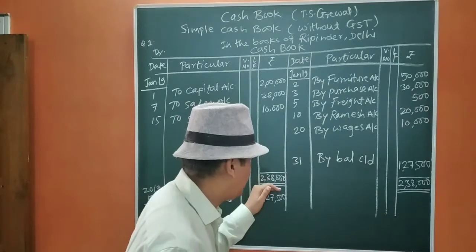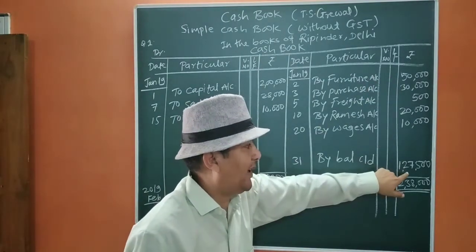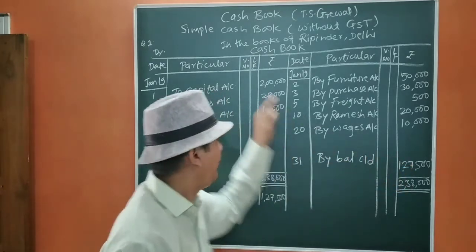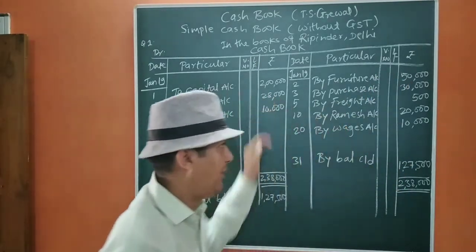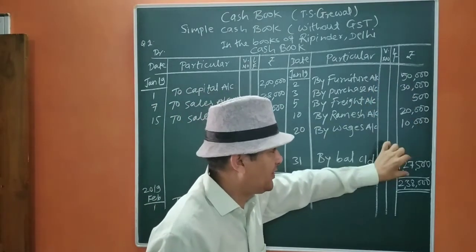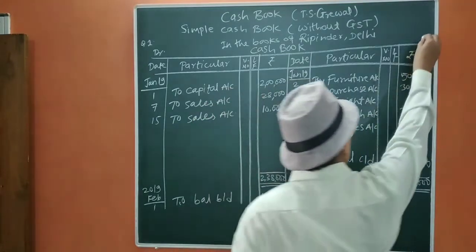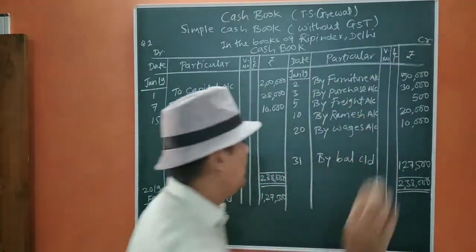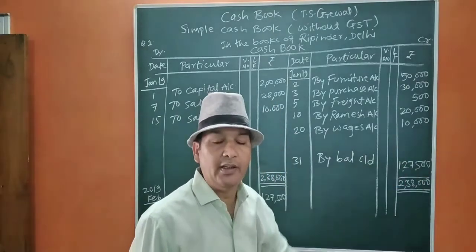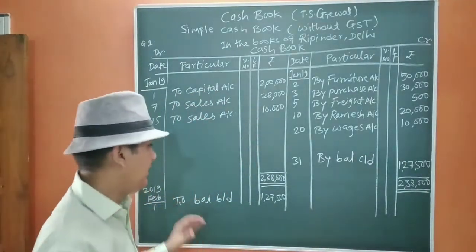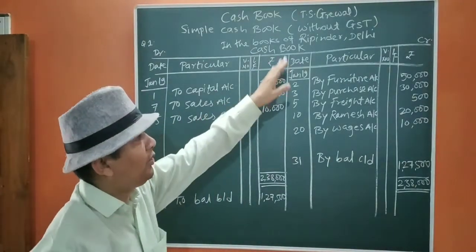This debit side total is more, and after deducting the total we count the balance. This is excess of debit over credit. That means even if it is written on the credit side, it is debit balance. Okay, it is called as debit balance. This is the end of simple cash book without GST.